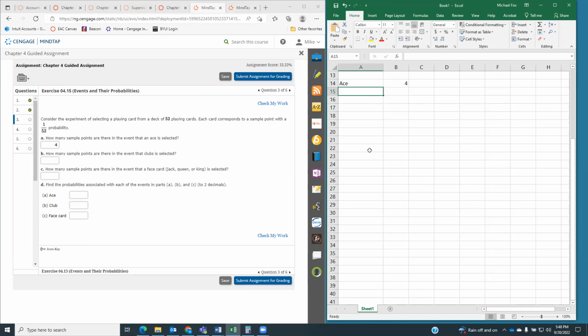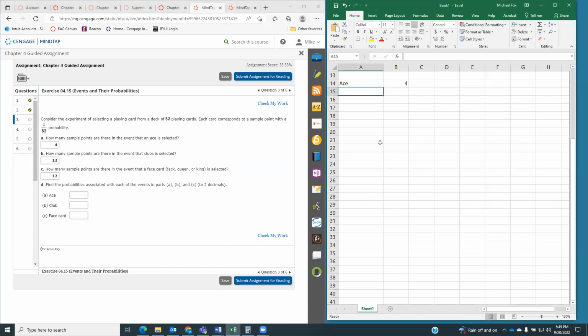So we have all the way from a 2 of clubs, so 2, 3, 4, 5, 6, 7, 8, 9, 10, jack, queen, king, and ace. 13 total clubs. So there's 13 sample points in clubs. And then how many sample points are there in the event a face card is taken? So a jack, a queen, or a king. There's a jack, a queen, or a king for each suit. There's 4 suits. So 3 cards times 4 suits would be 12.